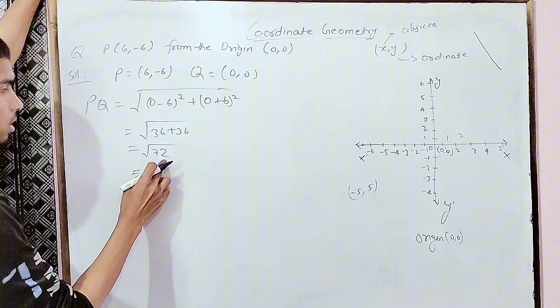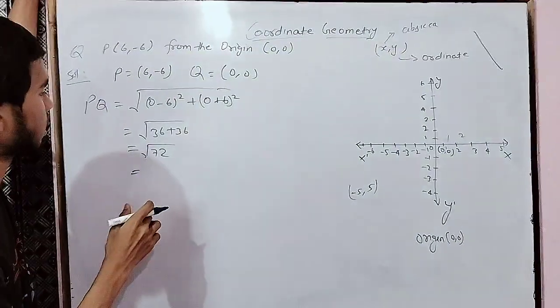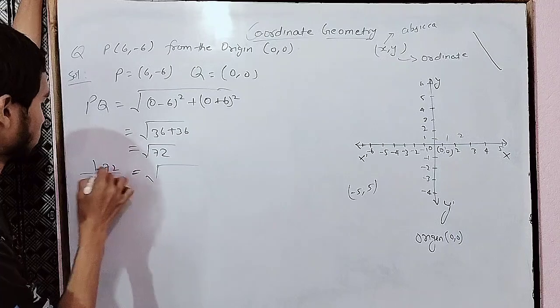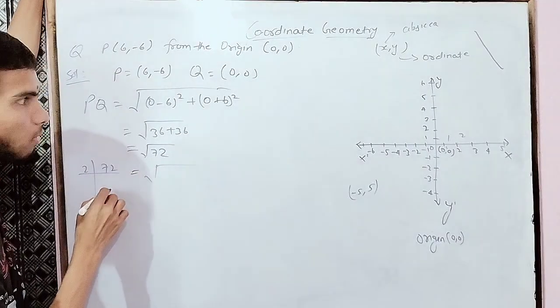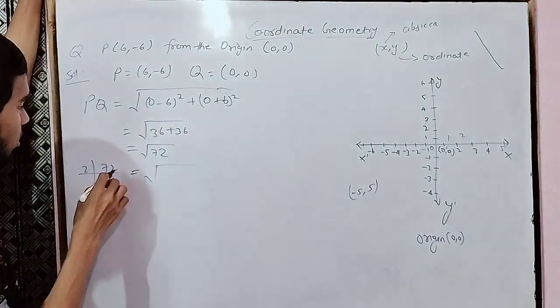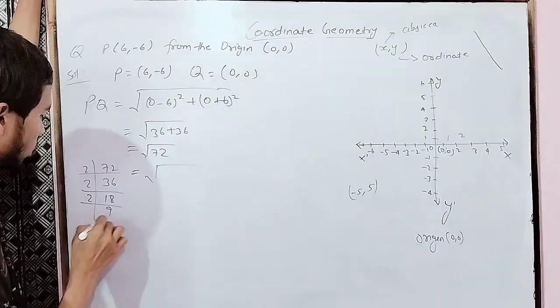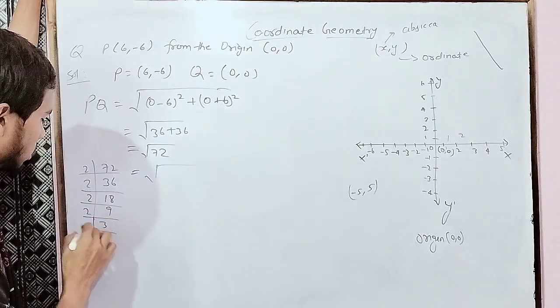We can factor this number that is under the root. So 72: 2 times 36, 2 times 18, 2 times 9, 3 times 3.